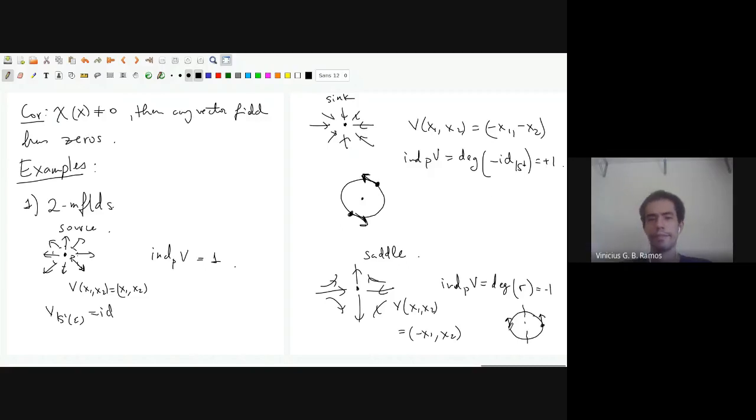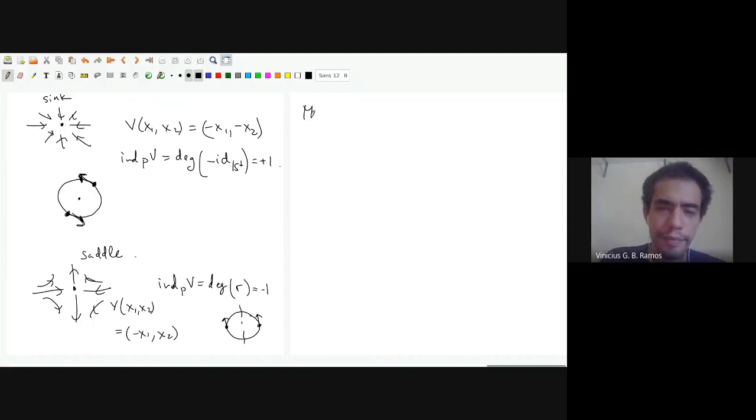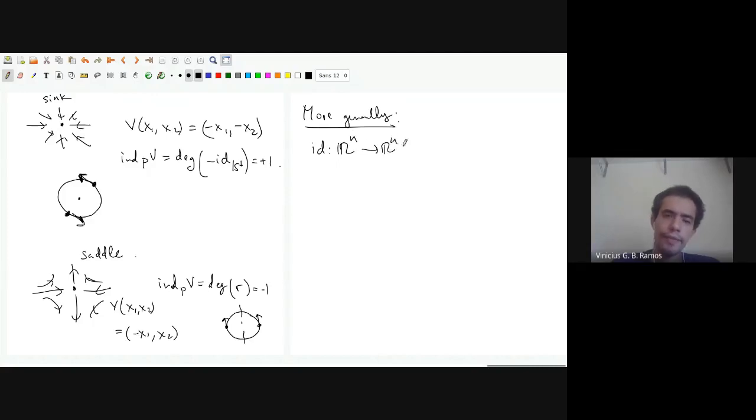Okay. So more generally, I should say that if you have the identity from Rn to Rn, the degree of the identity restricted to S^(n-1) is going to be 1. And the minus identity has degree (-1)^n.